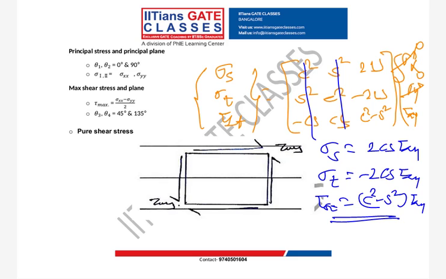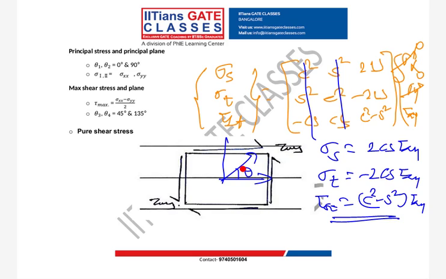Now what is the misconception people have? Pure shear means there is no normal stress, right? People think like that. Is it clear? But there can be normal stress if you rotate this element by any angle theta.